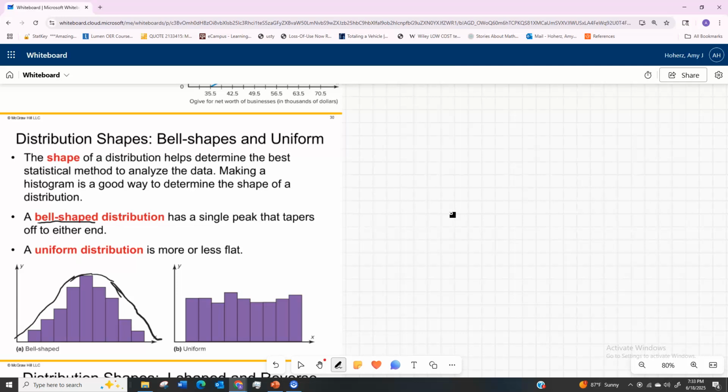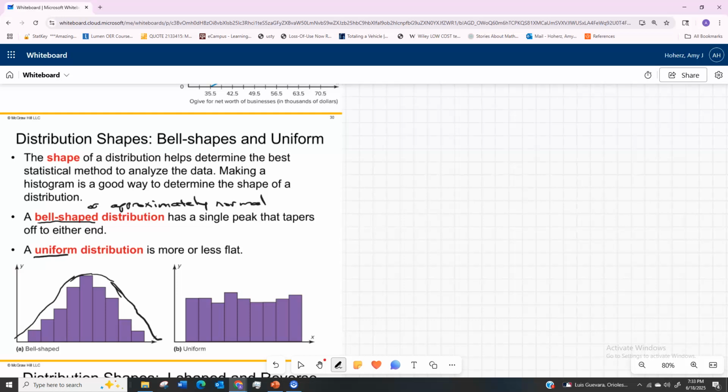So the data is very much heavy in the center, and then it drops down kind of symmetrically on each side. We call that bell-shaped or approximately normal. Now, if it was exactly normal, it would be exactly symmetric on both sides and also has some other features. But bell-shaped or approximately normal is this shape that looks like a bell. Think of the Liberty Bell.